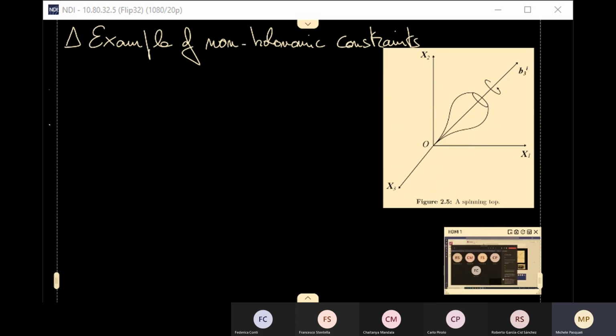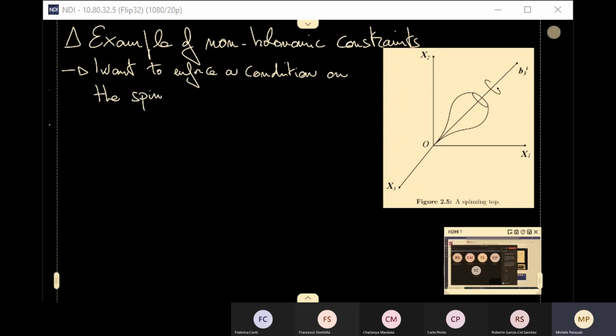So I want to enforce a condition on the spin, if you want, spinning velocity of the spinning top. How do I do that? Well, we have seen that the angular velocity can be written like that.